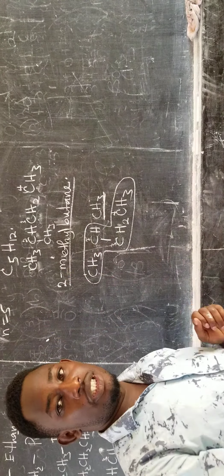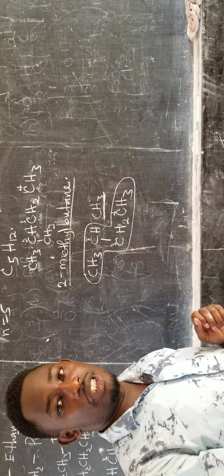I can have five of them. If I have 5 of them, then I can create a branch here. If I create a branch here, this will be CH3, CH2, then CH, CH2, CH, this will be CH3, and then I have CH3.